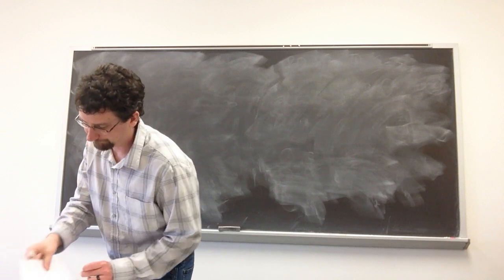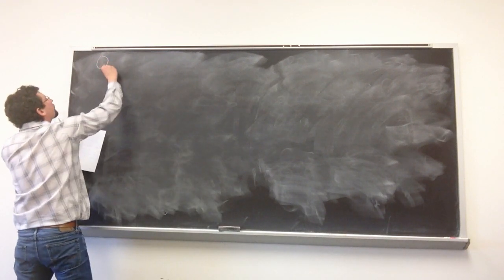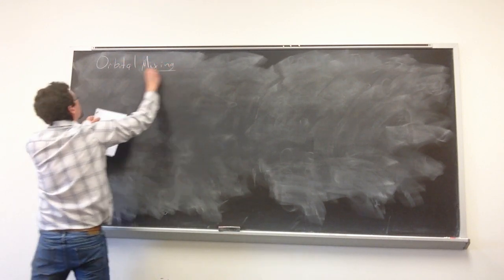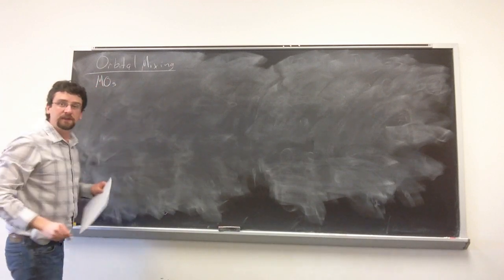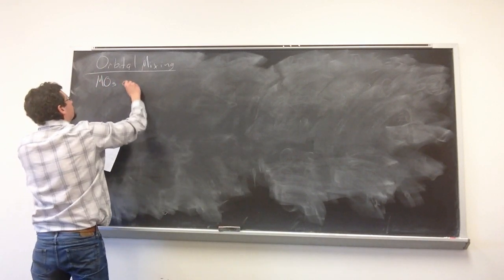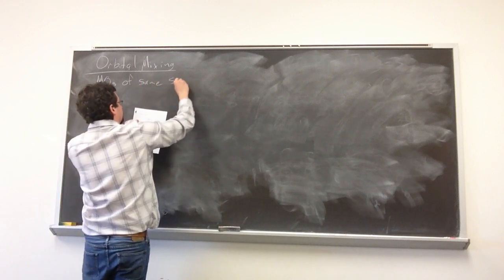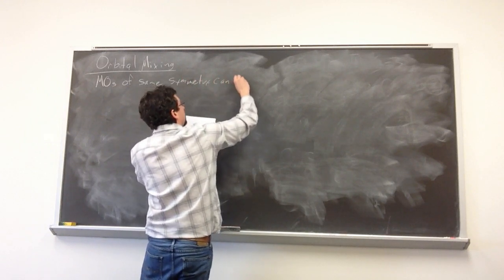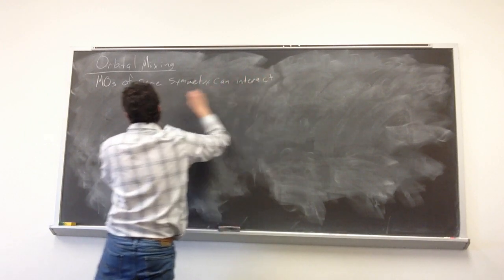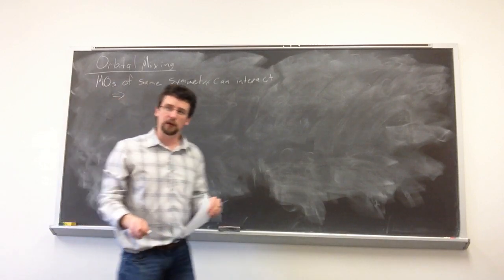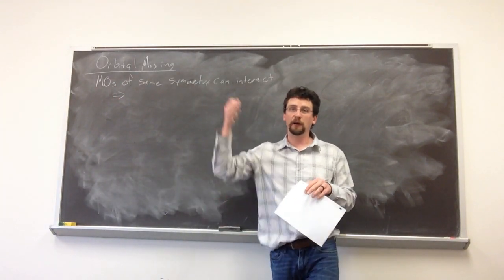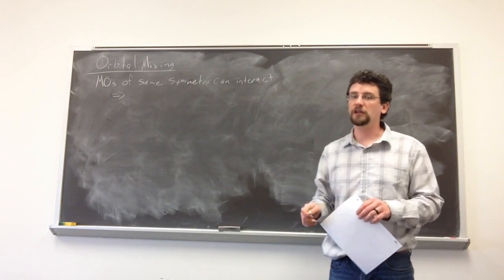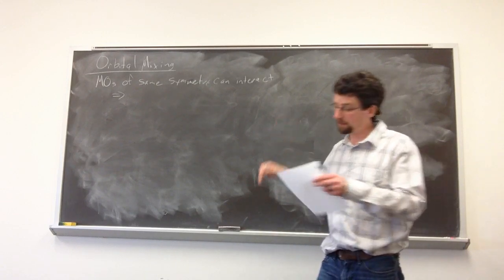MOs of the same symmetry can interact. The lower in energy MO mixes with a higher energy MO, and it results in that lower energy MO becoming even lower in energy. Well, the opposite happens for that higher in energy orbital.